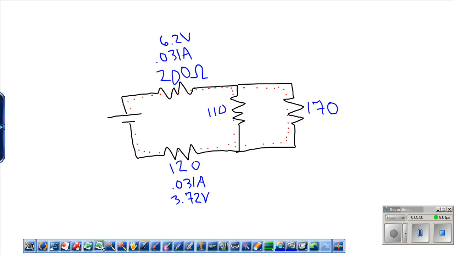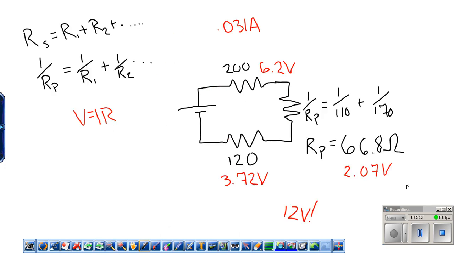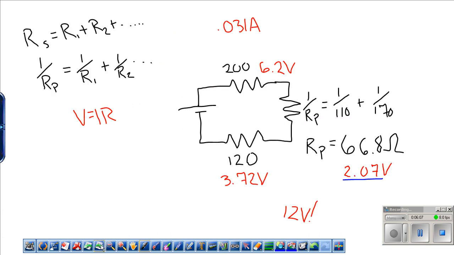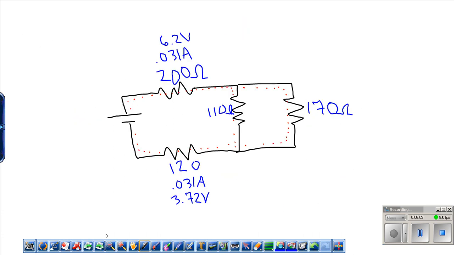Before, we said that there's a 2.07 volt drop across that equivalent resistor. So this will be the same for both of these two. We have 110 ohms right here and 170 ohms right here, and we're going to borrow our number 2.07 volts. So we'll say 2.07 volts on this one and 2.07 volts on this one as well.